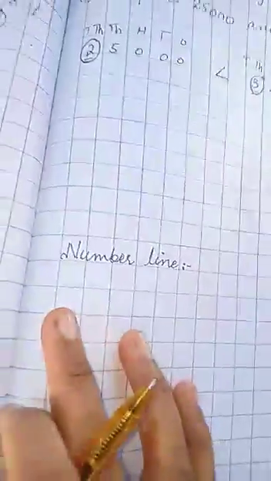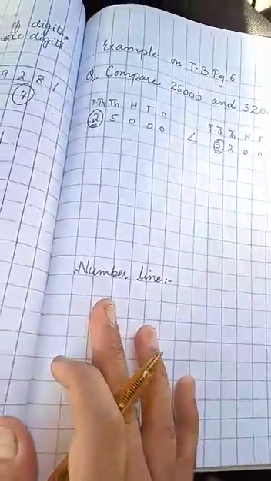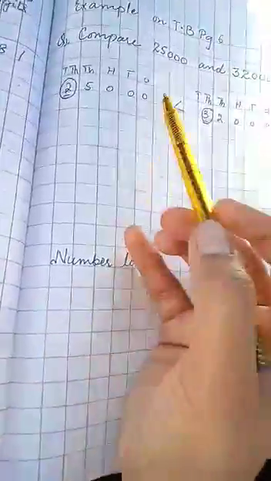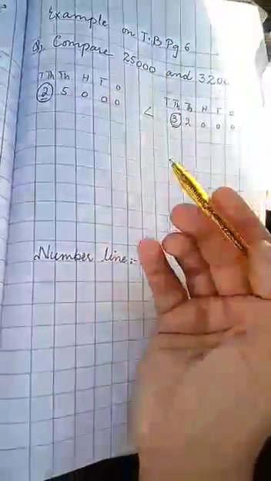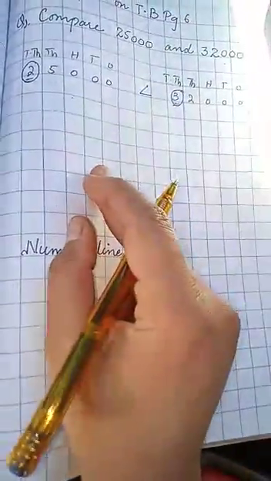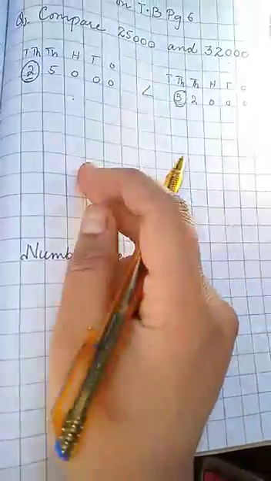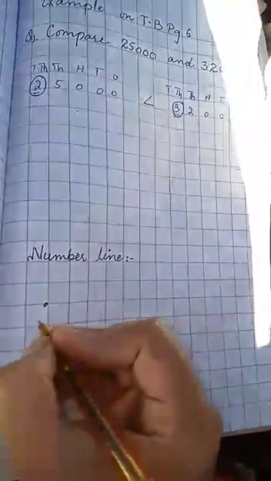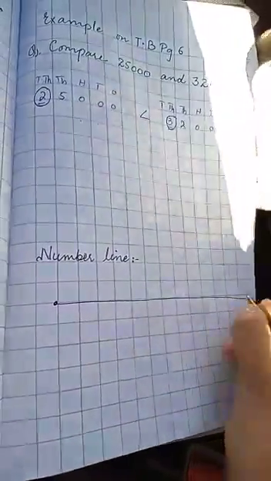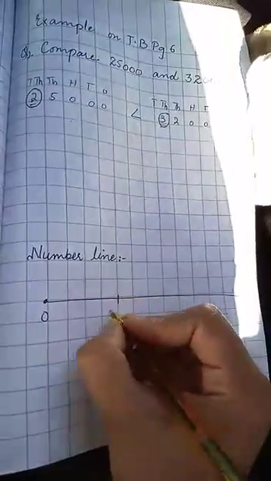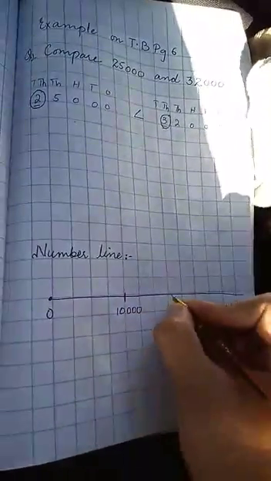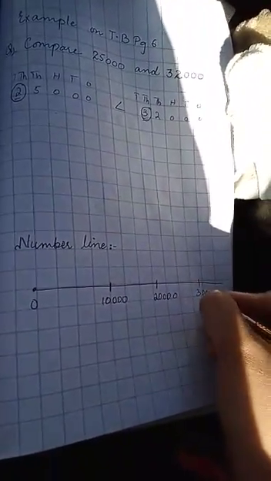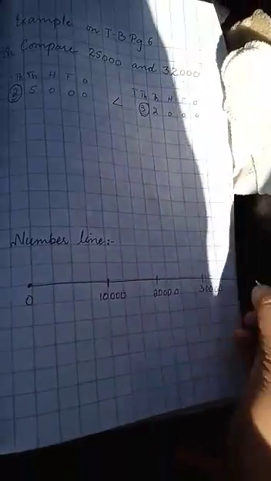Now let's talk about the number line as well, how can we compare the numbers on the number line. As we are talking about 5-digit numbers, the place value of the 5-digit number is 10,000. So on the number line we take the difference of 10,000. So we take 0, then 10,000, then 20,000 and 30,000 and so on.